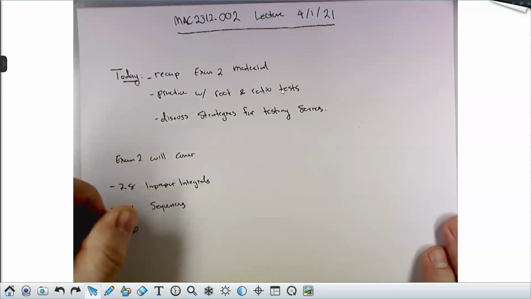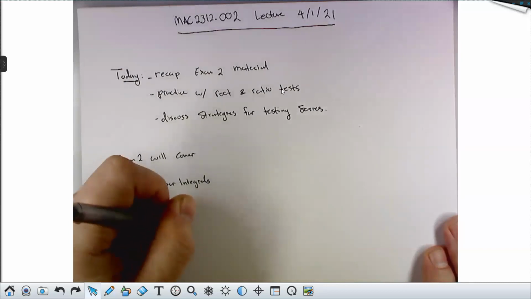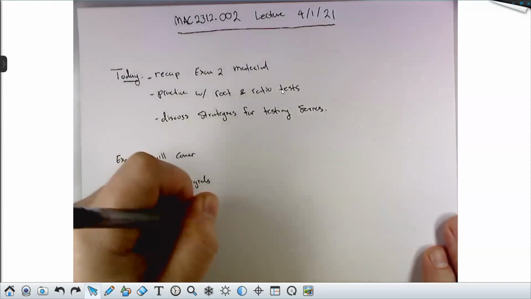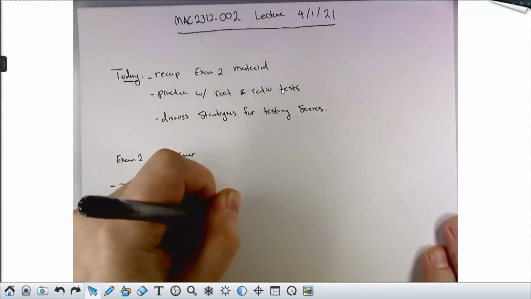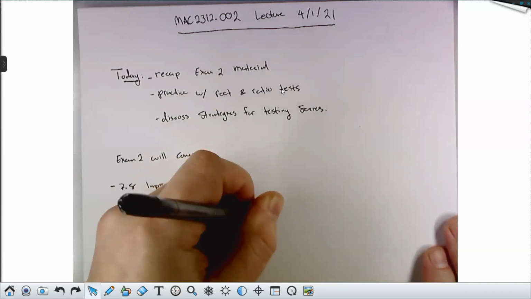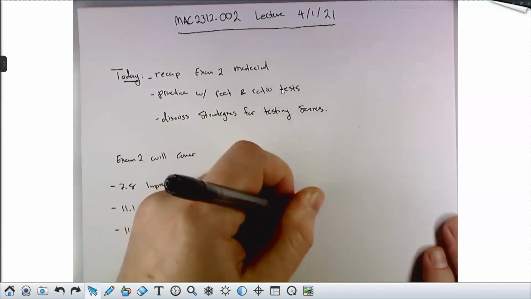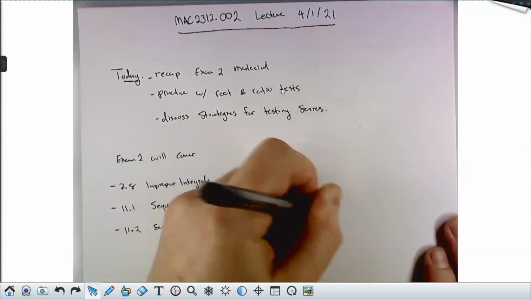Section 11.2, which is on series basics. And this included things like TFOD, geometric series, and telescoping series.